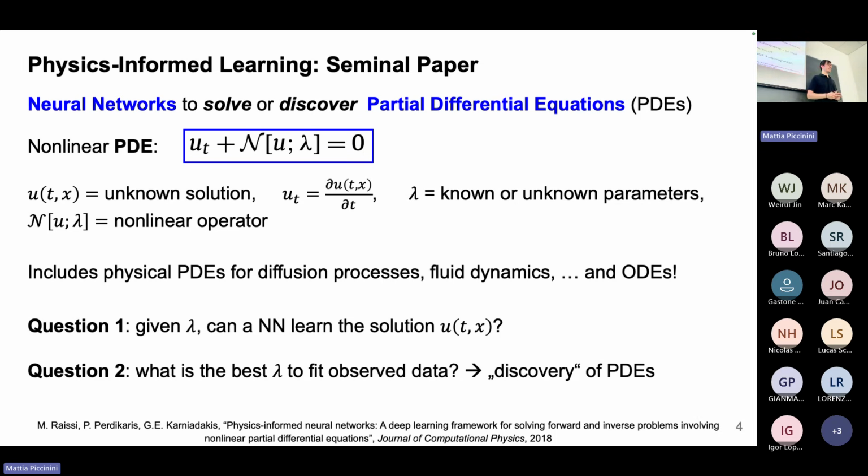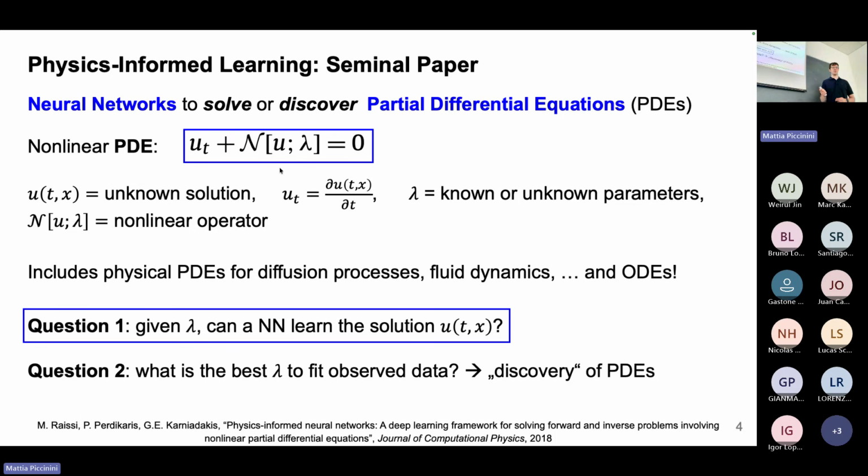The second question is what they call discovery of PDEs. They basically want to identify the parameters, which for a PDE is not a trivial task. But here we would like to look deeper, especially at the first approach, which is, given lambda, find a solution of a PDE using neural networks.